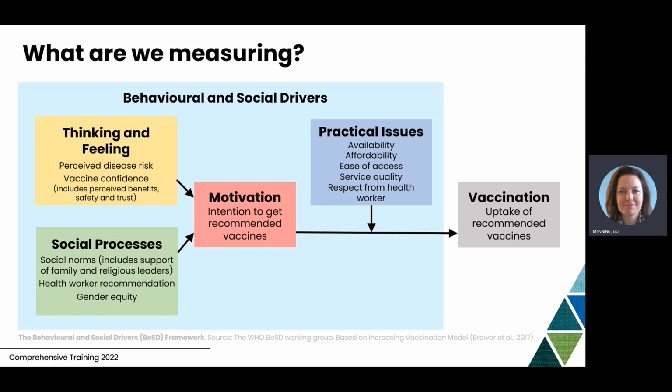This enables us to ensure that we're gathering all the necessary data to be able to fully understand these issues. And we developed this framework based on the evidence and expertise and the findings of our field testing and validation process that we went through with our working group over the recent years.